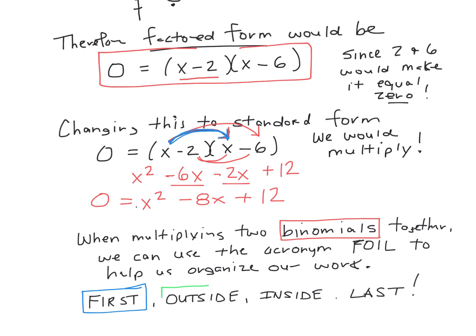And then the outside terms, which would be the x times the -6. The inside terms, which is where that -2x comes from. And then our last terms, which would be the -2 times the -6. So it's just an acronym if you have two binomials on how to multiply those together.